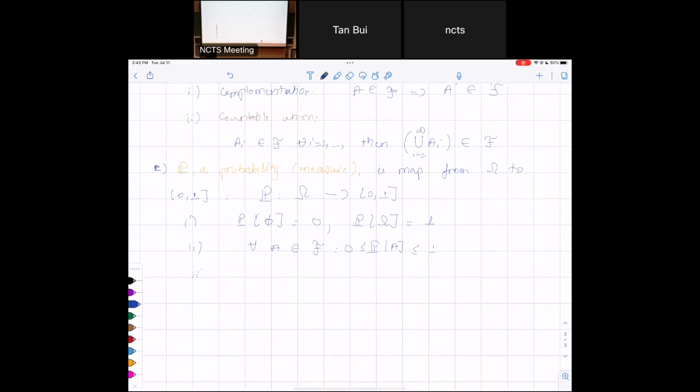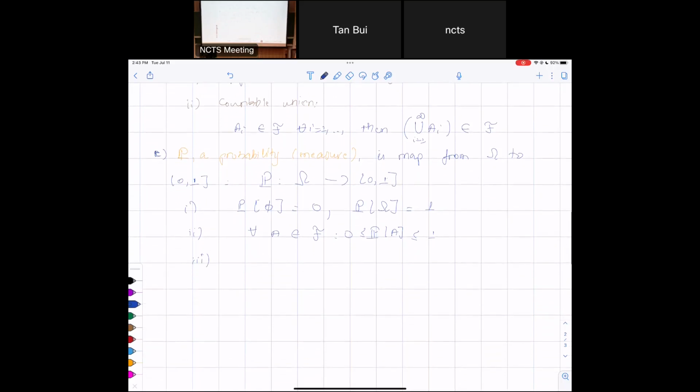Another condition for the probability that we need to know is this: if the A_i are in F and A_i intersect A_j is empty, so they are disjoint sets, they don't have anything in common.